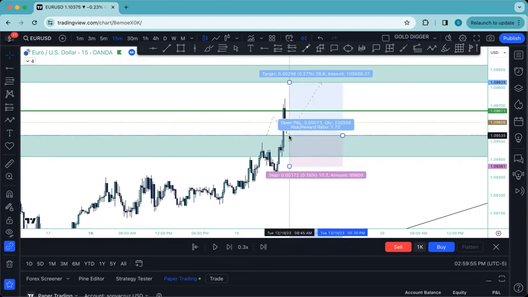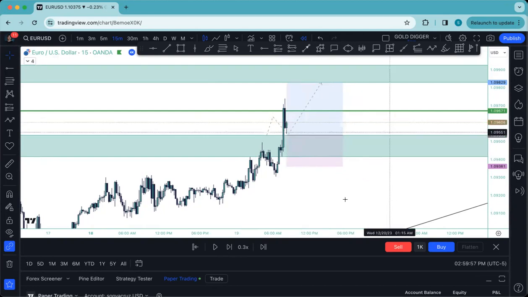Okay, so this is right around the area where we can start looking to enter. And remember, this is actually still pretty fast for the bar to move because each bar is 15 minutes. This is like seconds that it's moving.